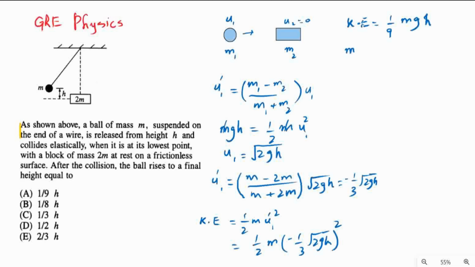Write down potential energy of the ball at height h1 is this, and this should be equal to the kinetic energy of the ball at the bottom. So 1 by 9 mgh, and you see this mg and mg cancel out, and h1 is equal to 1 by 9 h.